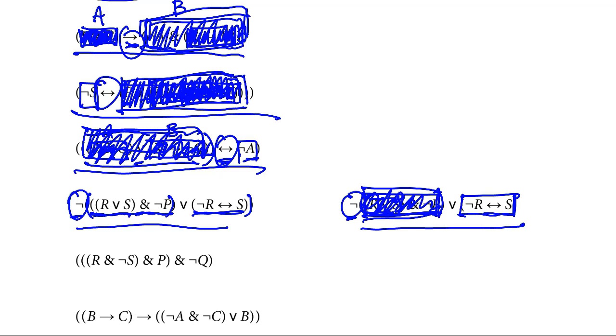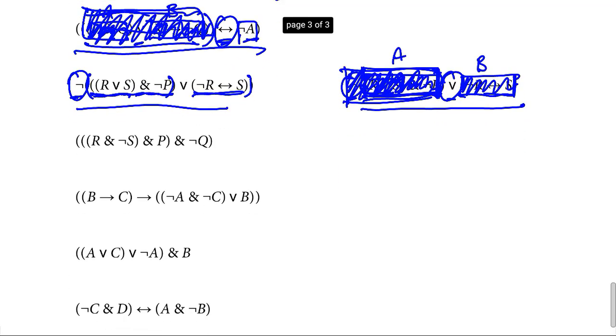It's not the full sentence. So ultimately the not goes with this, or is a bigger chunk. And again, what we have is just the or. A or B at the most general level is what this sentence is saying, and so the main logical operator in this case is the or. All right, good example.